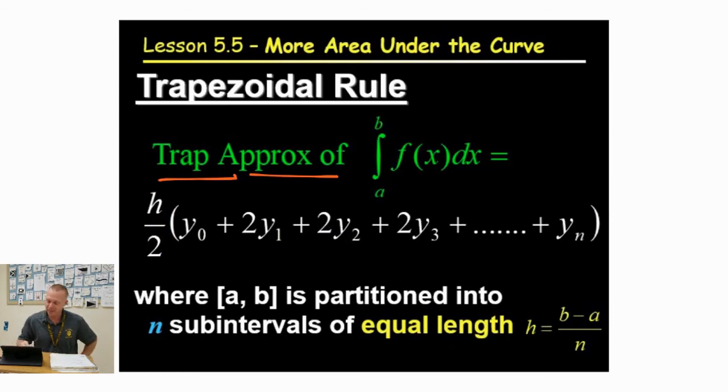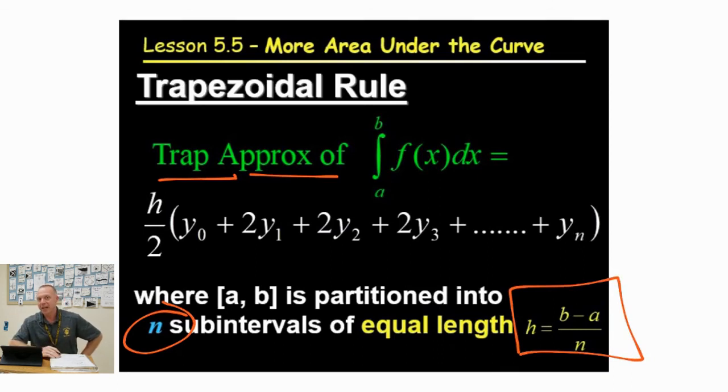Notice again that we're going to use n subintervals, meaning whatever amount we want, and the height will be b minus a over n.